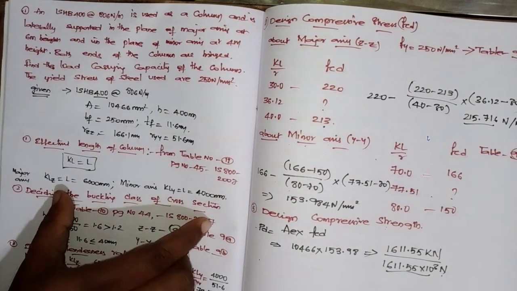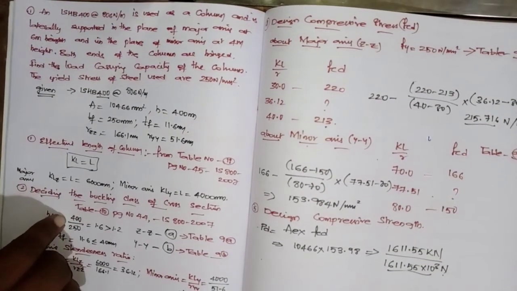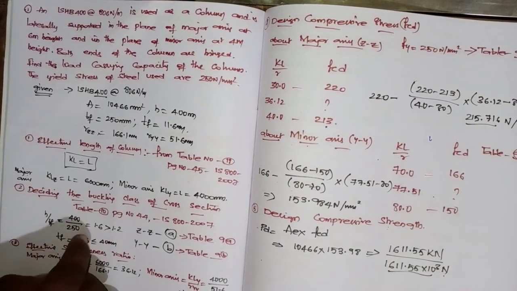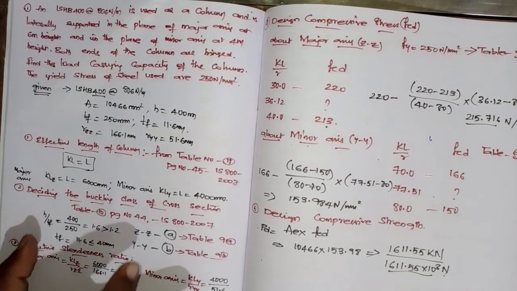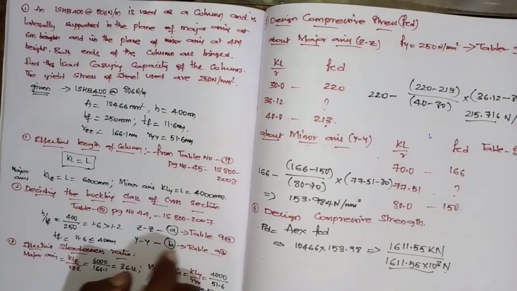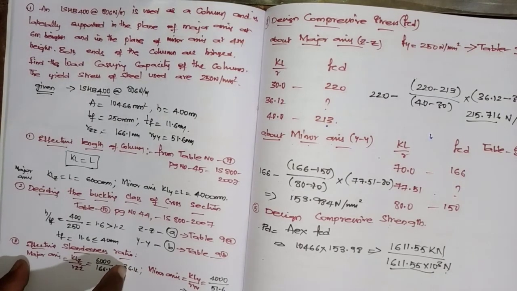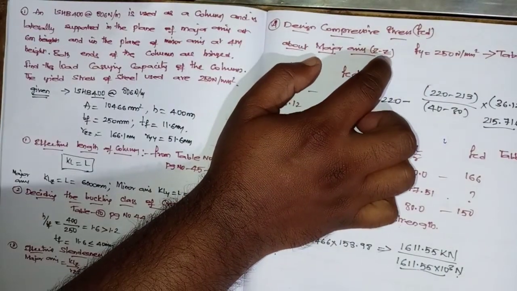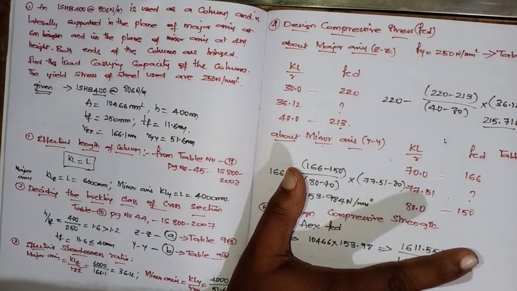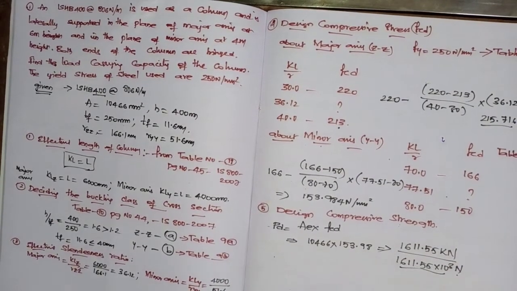While deciding the buckling class, we chose the section and calculated the H by BF ratio values, right? Then you decided the table about the ZZ axis and YY axis, so you visited table number 9A and 9B for these sections. After that, you calculated the effective slenderness ratio about both axes, and about the ZZ axis and YY axis you calculated the FCD values. After that, the minimum value multiplied with the area gave you the strength.